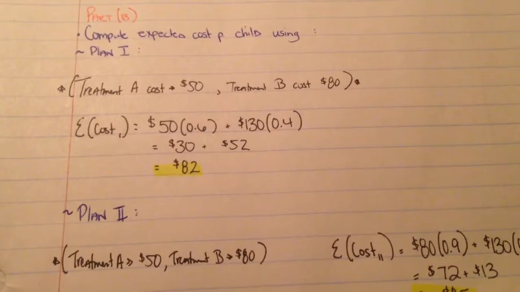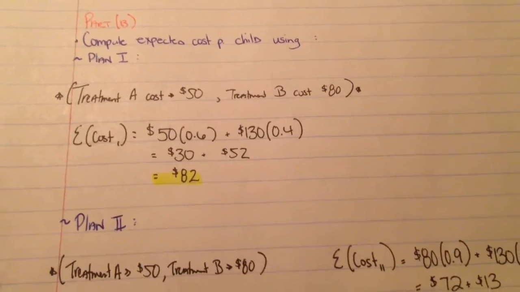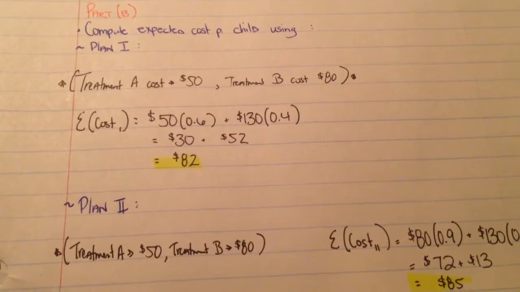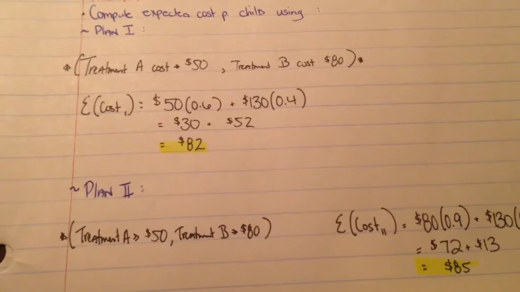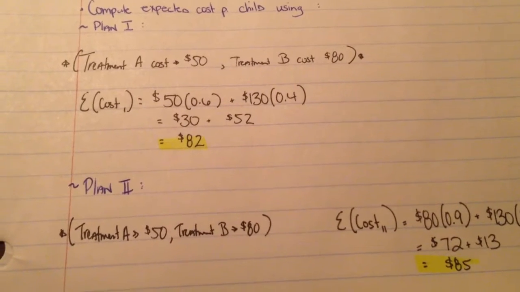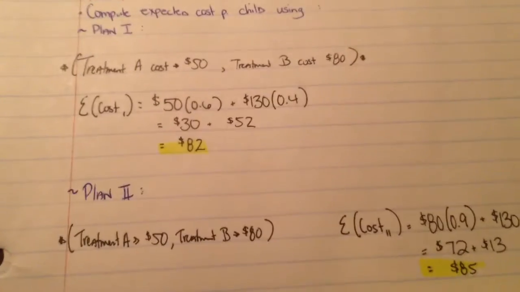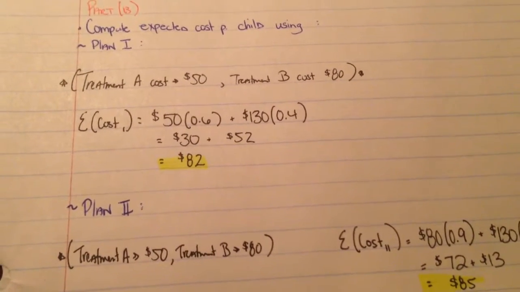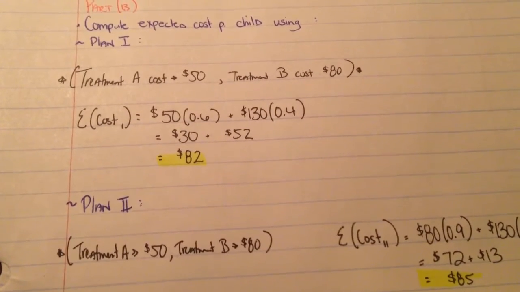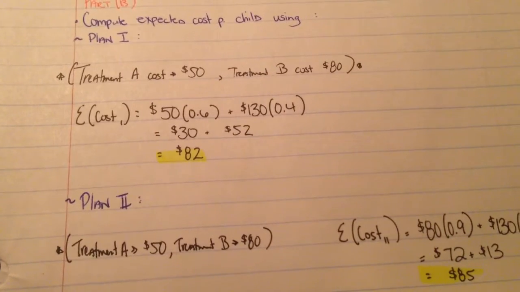So at the top, I just put a few reminders that treatment A costs $50 and treatment B costs $80. And then here, right below that, is my formula for plan 1 and the expected cost. So to figure out this formula, I put the actual cost of treatment A times the probability of treatment A, which is 0.6, so 50 times 0.6 is $30.